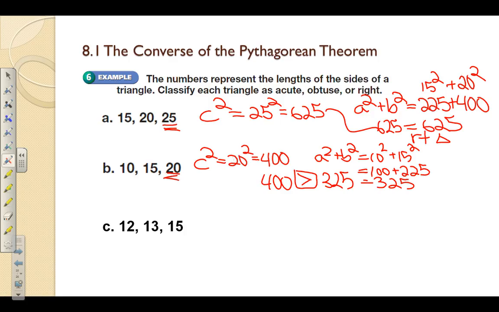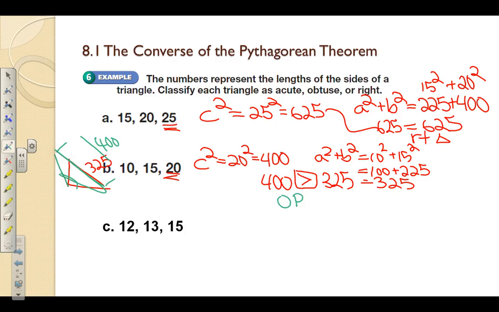So I'd be expecting a hypotenuse squared of 325, that's what I'd expect. And what I'm given is 20 squared, or 400, which is greater. So I have an obtuse triangle.